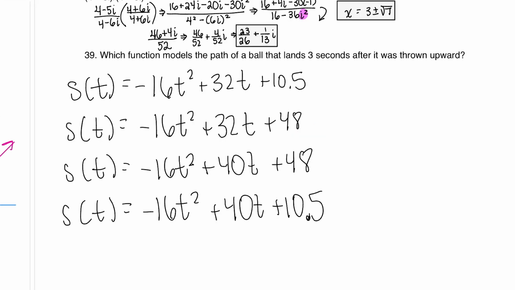Number 39, which function models the path of a ball that lands 3 seconds after it was thrown upward? So there's something that all of these options have in common, and that is this first number out here. That's the factor that gravity has. So all of those are going to include -16. Now, in order to figure out which one actually works, the height of our ball is going to be on the ground.